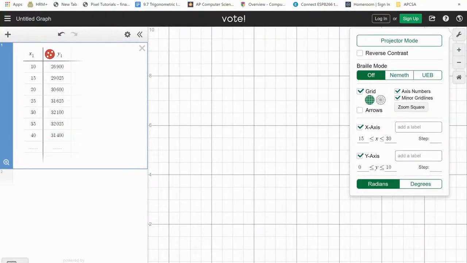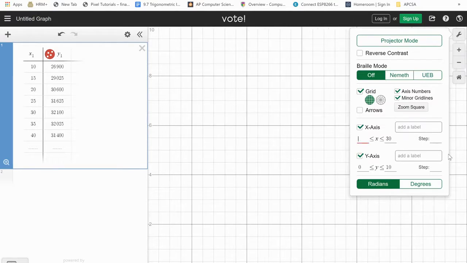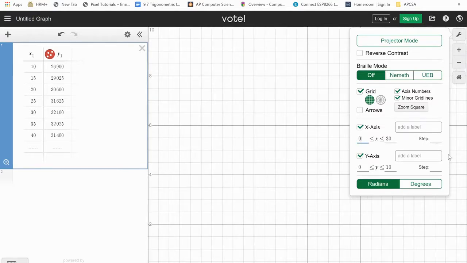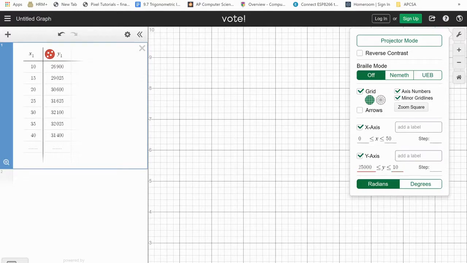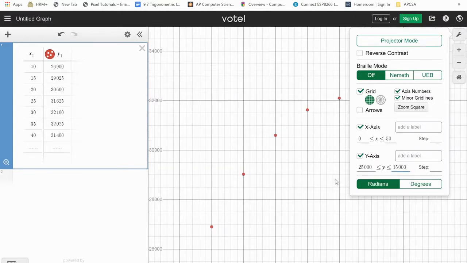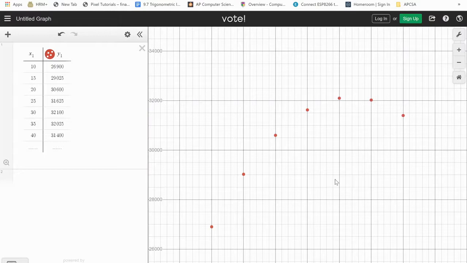Okay, now let me maximize this so we can look at it. I'm going to adjust my x and y axes. So I'm going to go from 0 to 50 on the x. And then on the y, let's go from 25,000 to 35,000. Okay, so looking at that now, you see a pretty strong parabolic pattern.